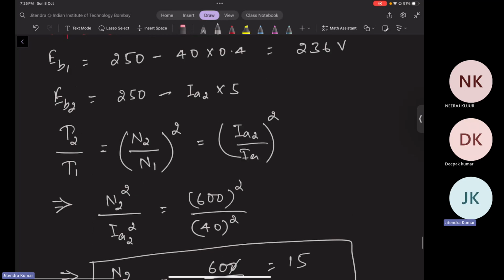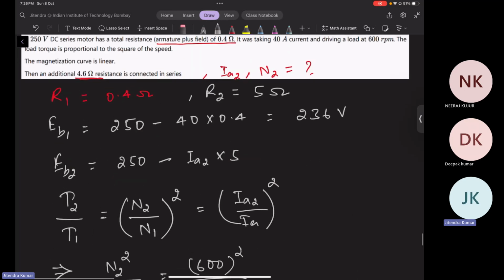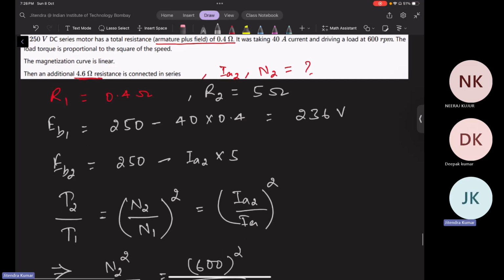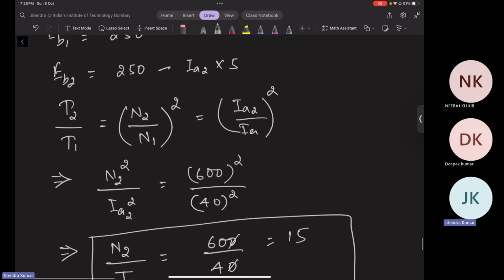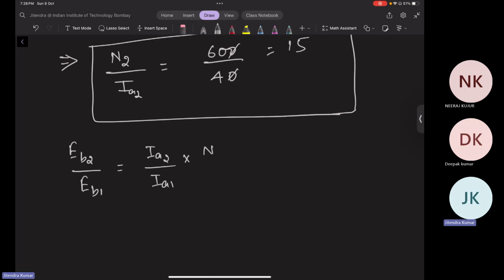Now the second condition is what we are applying with back EMF. From the back EMF ratio, we can try to find the speed. So EB2 by EB1 is equal to Ia2 by Ia1 into N2 by N1. Here I am directly using armature current in place of flux, phi Ia2.